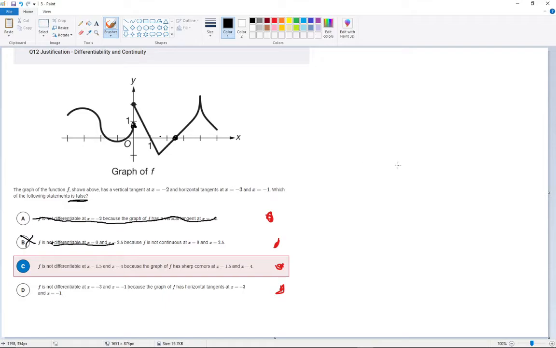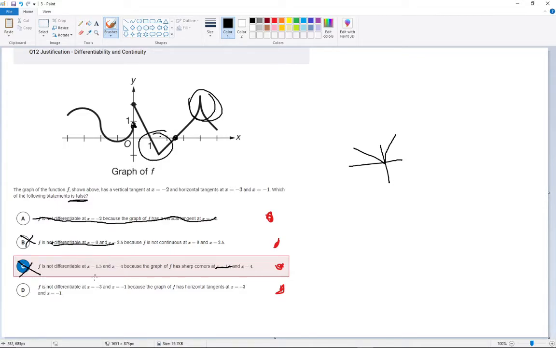Okay, so a sharp corner means this, and at 1.5 we can see that is true, but at x equals 4 we do see it also. That is true, but we're not looking for true statements, so this is not the answer.